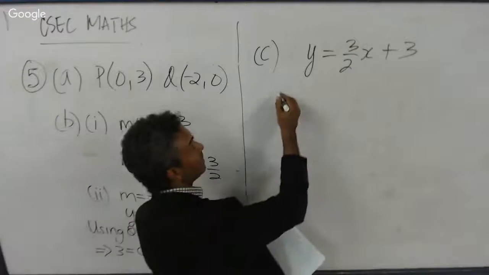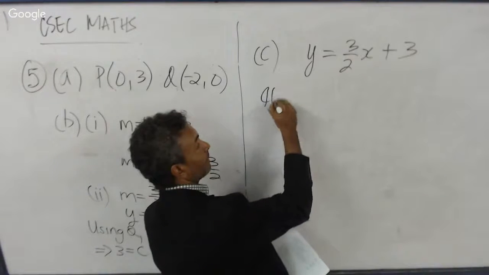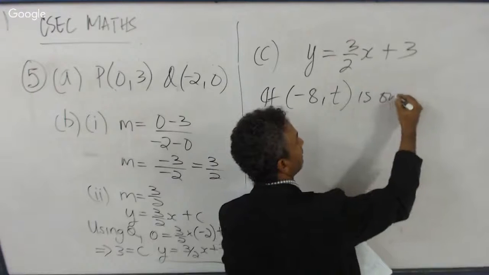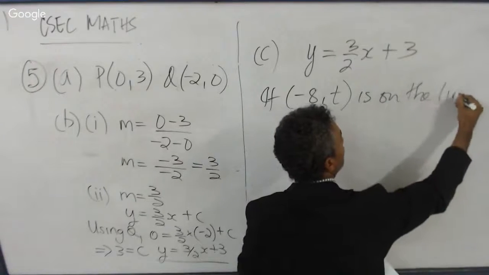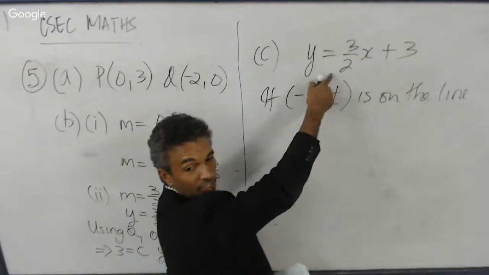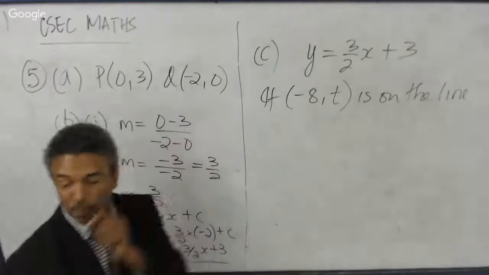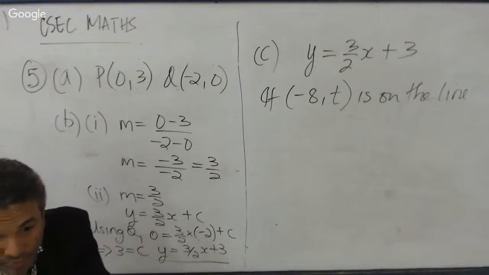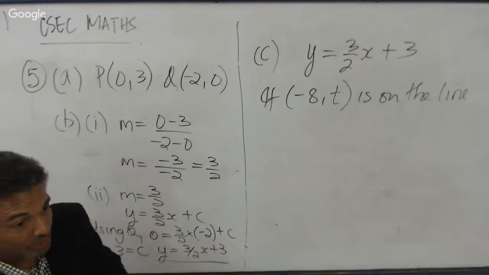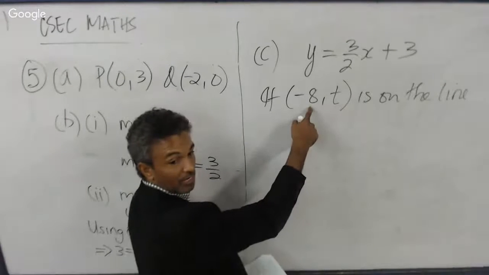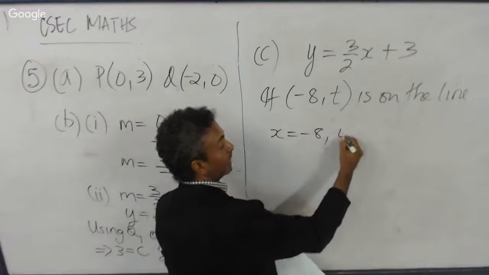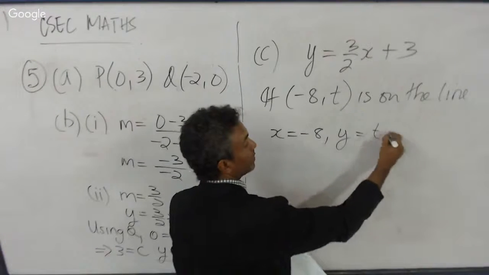So that means if (-8, t) is on the line, I can put the x and the y into the equation. Because if a point is on a line or a curve, the coordinates must work in the equation. So x equals -8 and y equals t.